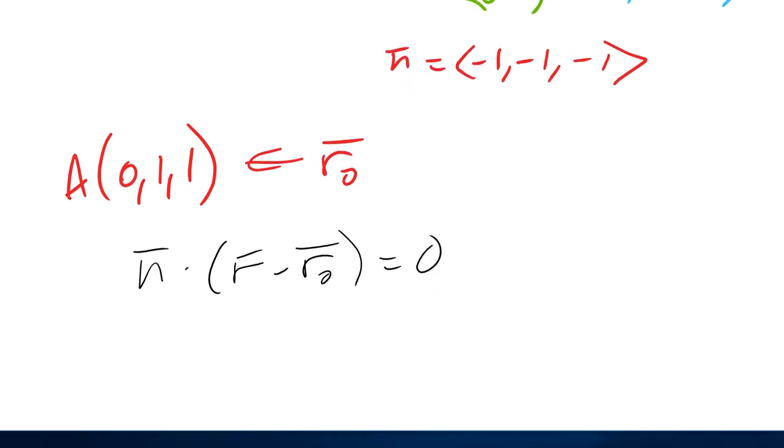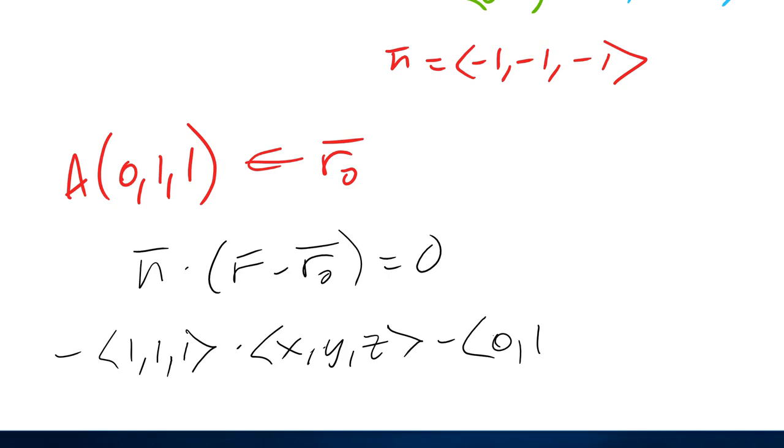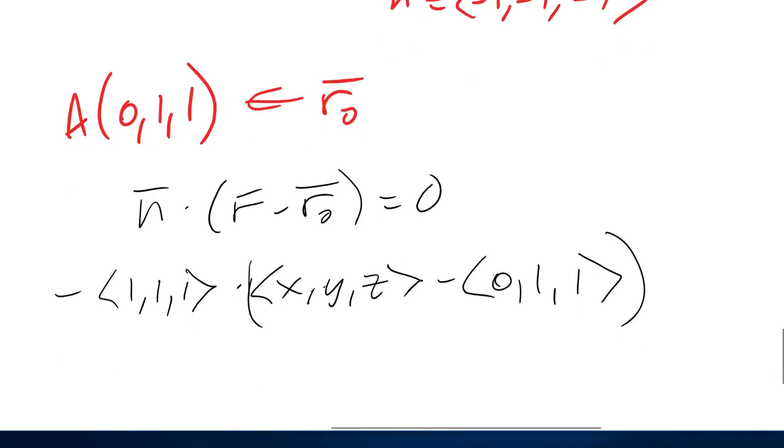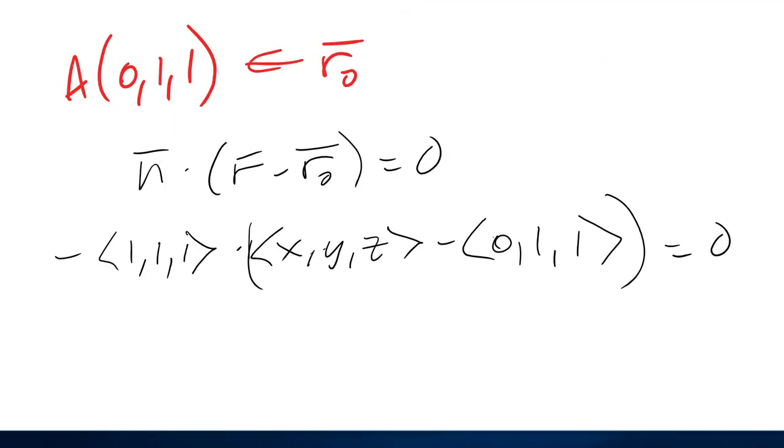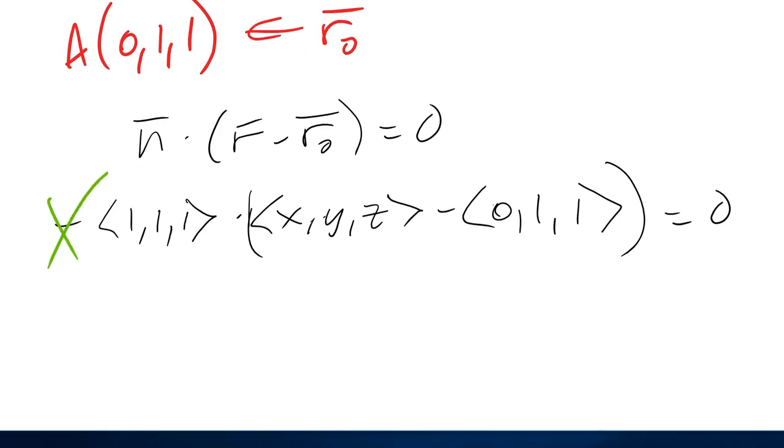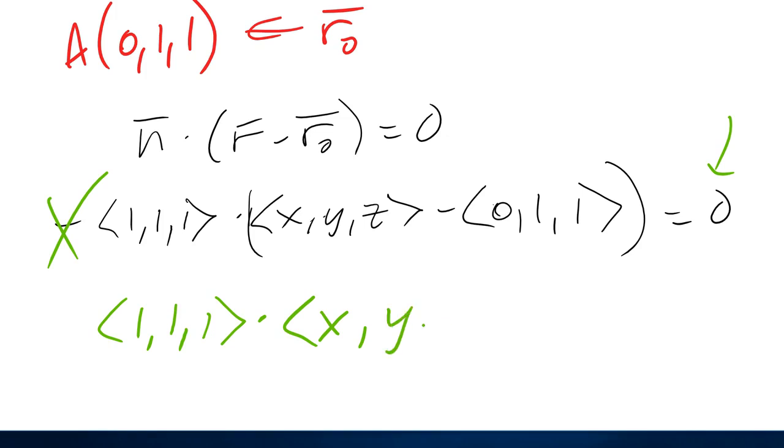I'm going to pull the negative out of the n. So negative 1, 1, 1 dotted with x, y, z minus R naught, 0, 1, 1, equals 0. And now the negative I can cancel out because I'm going to multiply through by a negative on both sides. So I get 1, 1, 1 dotted with x minus 0, y minus 1, z minus 1 equals 0.